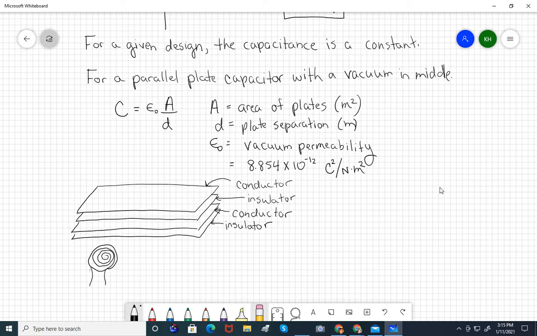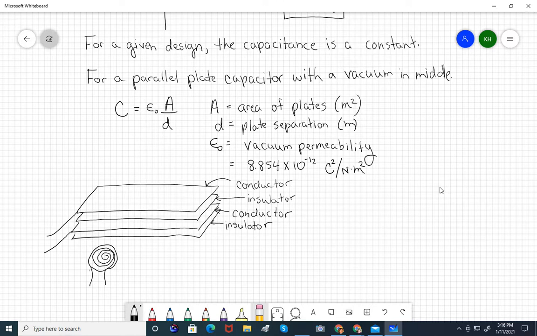There'll be one lead coming off the first conductor and another lead coming off the other. But when they wrap all this up, those two conducting plates are kept separate from one another by that insulating sheet. All right, if you want to maximize capacitance, you want a large area, you want a minimal separation distance.